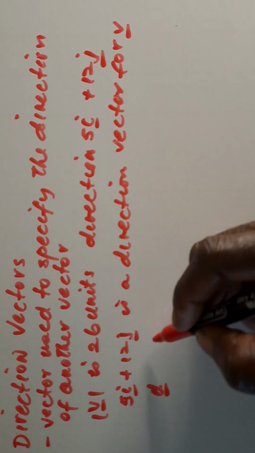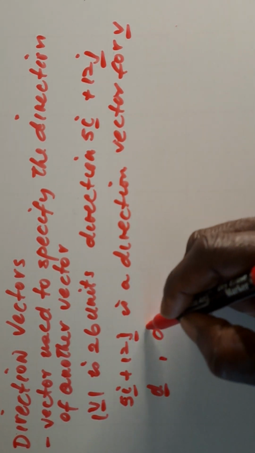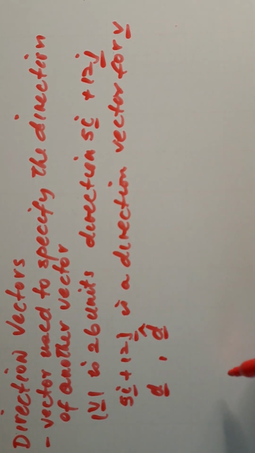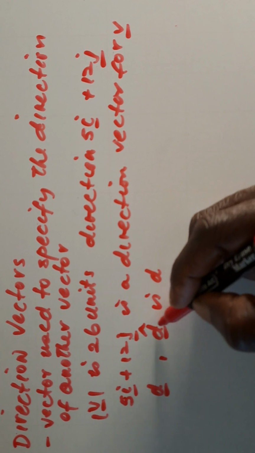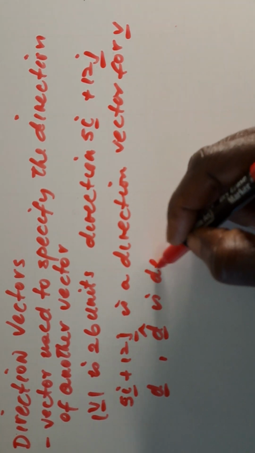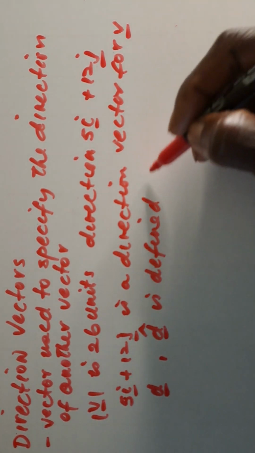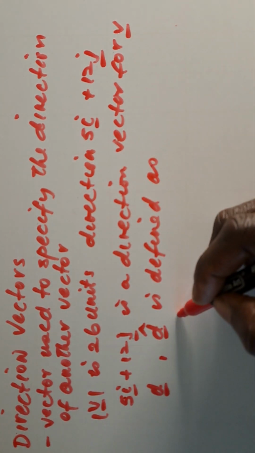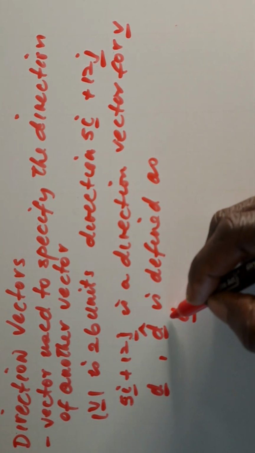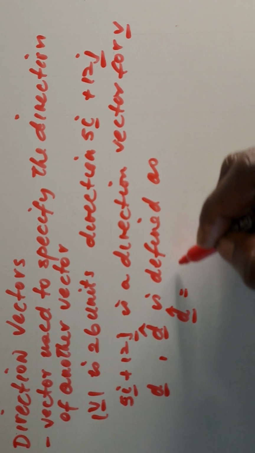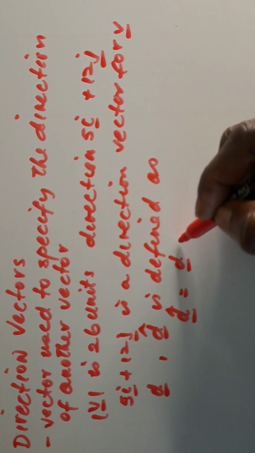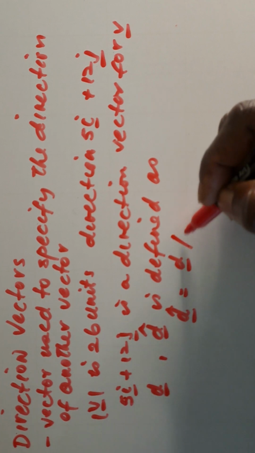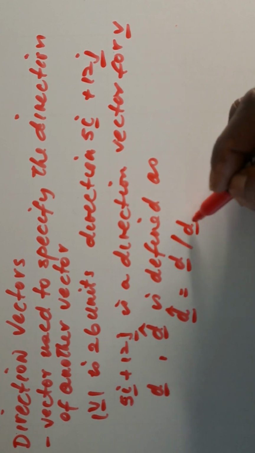But we also know that the unit vector of d, which is d hat, is defined as equal to the vector d divided by its magnitude.